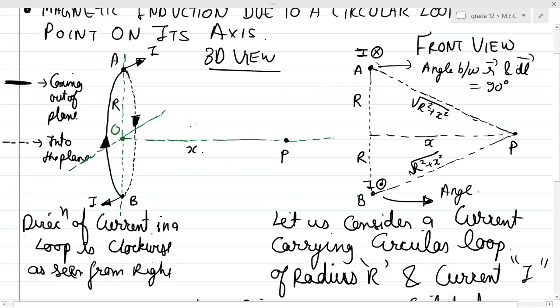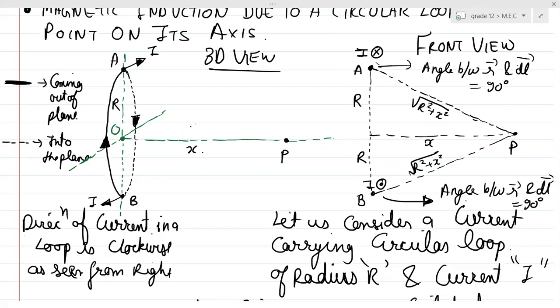Is this clear, guys? Yes, sir. Clear why it will be 90 degrees? Because the current is going perpendicular to the plane and the position vector is in the plane. So in the plane, perpendicular to the plane, can you see? The angle is 90 degrees.